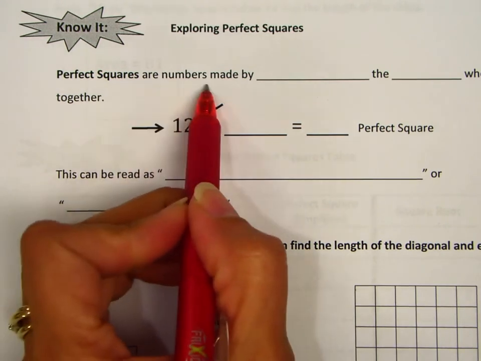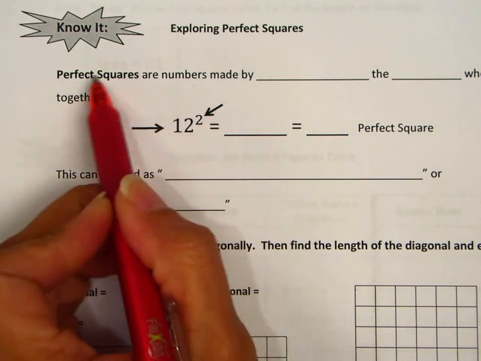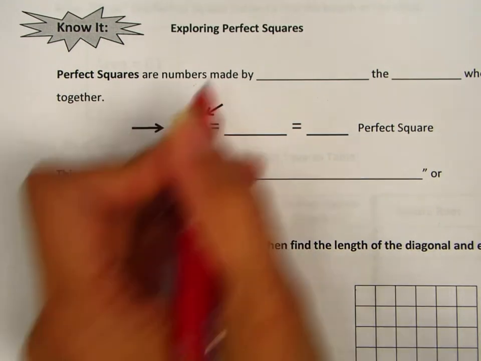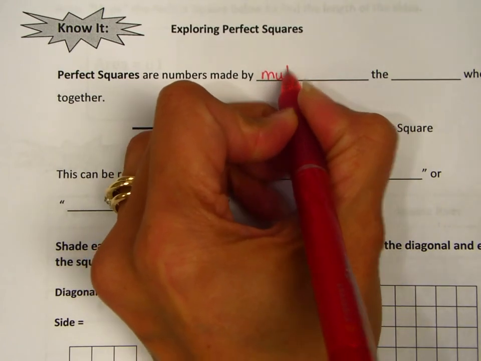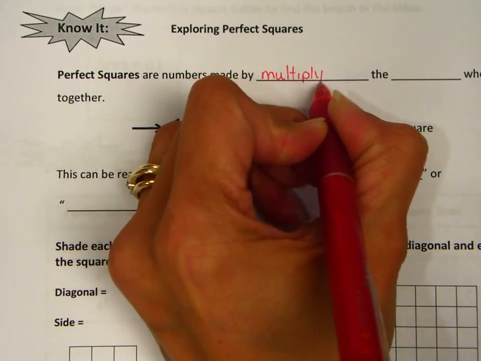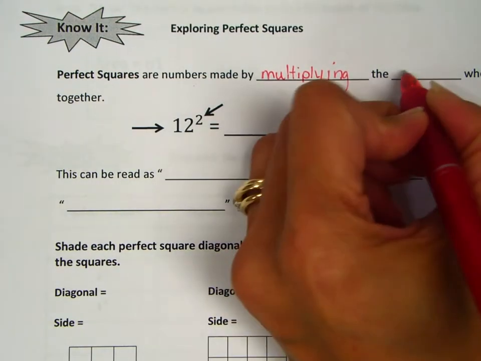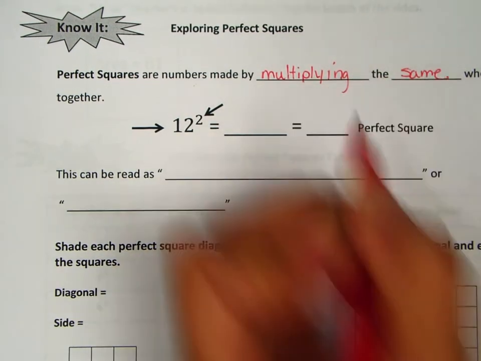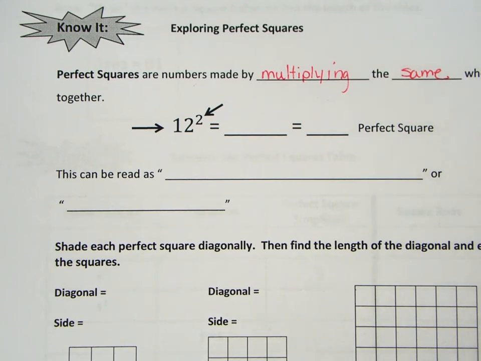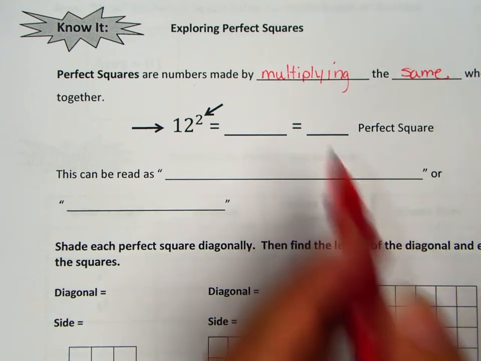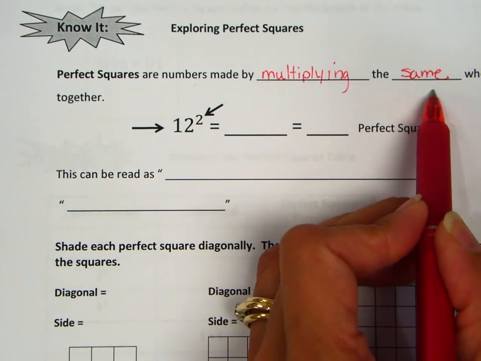Perfect squares are numbers made by multiplying the same whole numbers together. So a perfect square is an exponential form, and its exponential form is multiplication, and we're multiplying the same whole numbers.